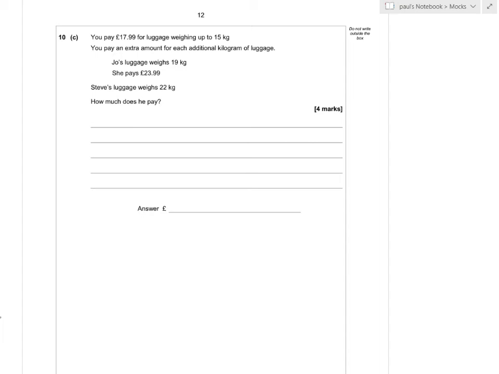Right, so this is Joe. So Joe pays $23.99, and we take away that $17.99, because that's what you pay up to 15 kilos. So she must have more than 15 kilos. So $23.99 take away $17.99 equals £6. So she's paid £6 extra. Now she has got 19 kilos.